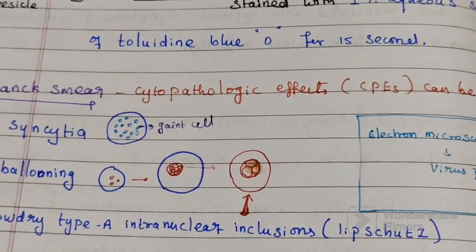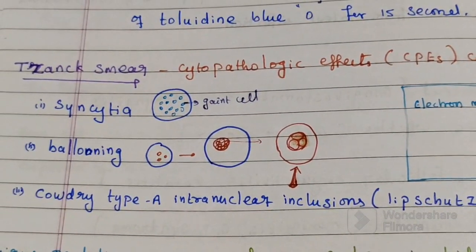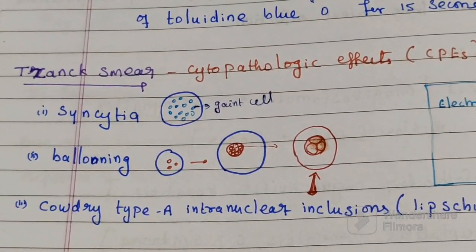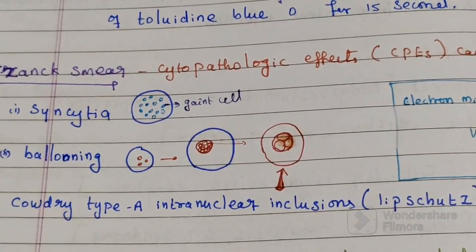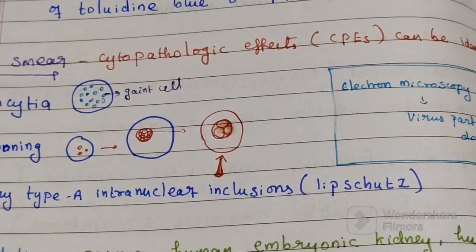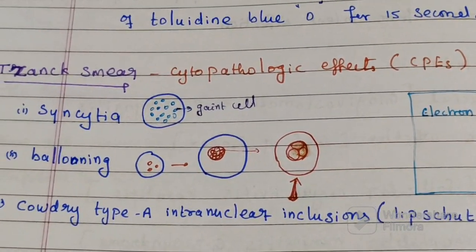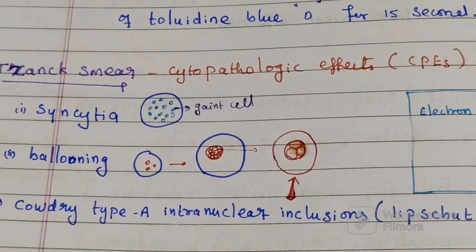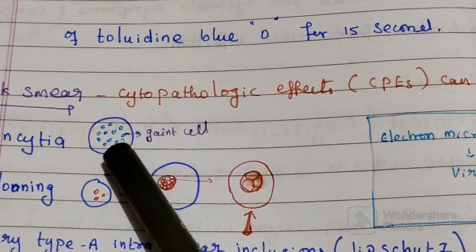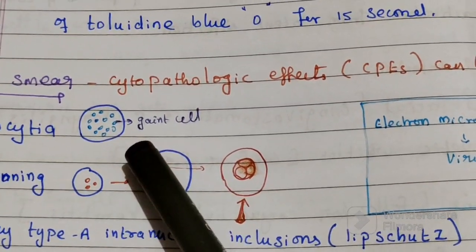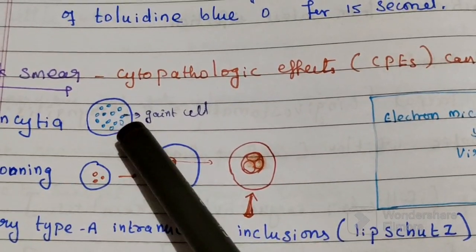What will you see in this smear? Three important things: syncytia, then ballooning, and third, Cowdry type A intranuclear inclusions. What is syncytia? Multiple cells fusing with each other, so giant cells are formed.